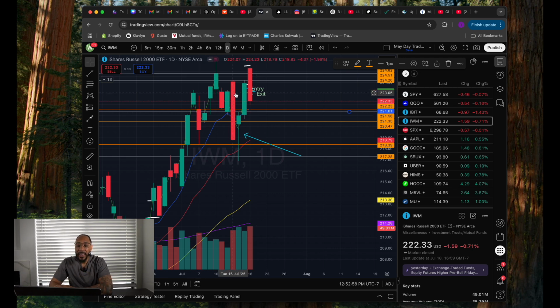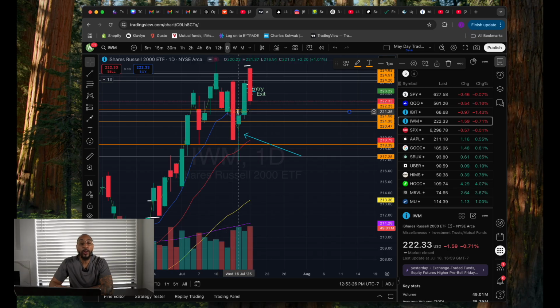So because it failed to go lower and close lower than this candle, that means that it's coming back up, right? So then what happens is this day you say, okay, on Thursday, if IWM gets above 221.61, which is the resistance for this day, it's showing 221.35.